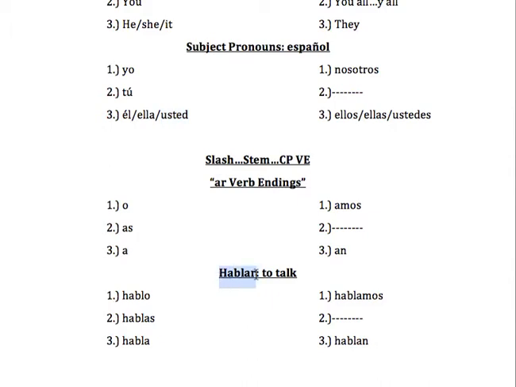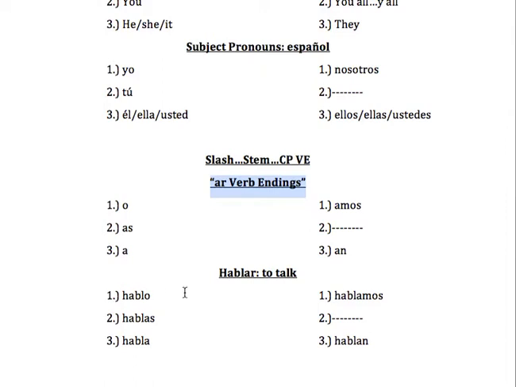The only thing you need to understand about the infinitive form is that it just means a verb in its original form. And as I said, there's 3 types of verbs, AR, ER, and IR. Of course, hablar here would be an AR verb, which means to talk. So it's an AR verb, so we're going to use the AR verb endings. It's like a huge puzzle, a huge matching game with Spanish.